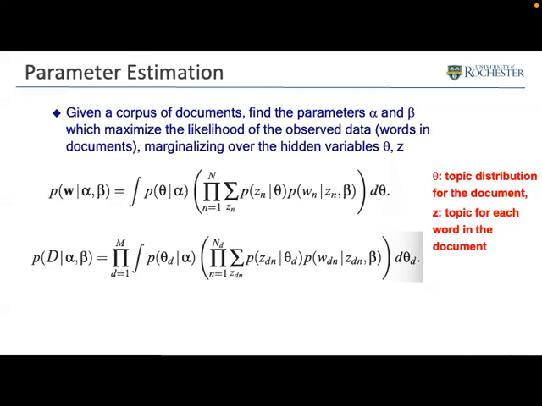So initially we will have the Zn conditioned on the theta, and we multiply it with the probability of each of the words conditioned on the topic together with the beta, and we do a summation over the topics. Now we can have each of the words, we can get the distributions. Then we just multiply them together. We can get the topic distribution for the whole document.